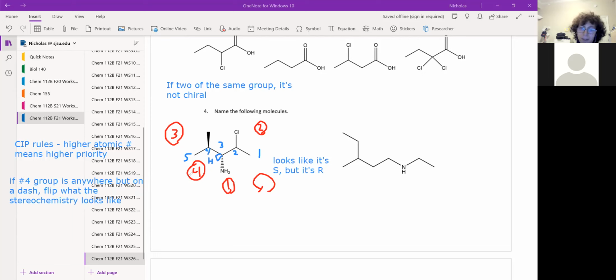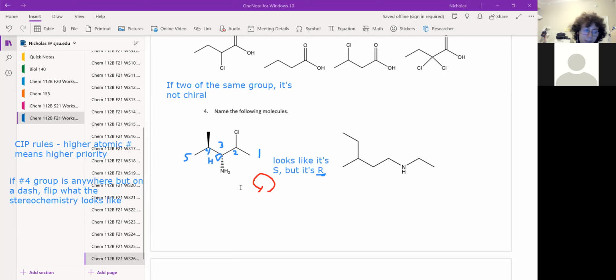So it might be good to draw it in like I did, because it's not explicitly shown to you if it's a dash or a wedge, but you can figure it out by looking at what else was there. So this is R. I'm gonna erase these because it was a bit cluttered. But this one's R. That's the numbering.